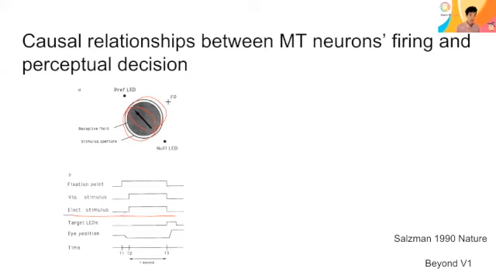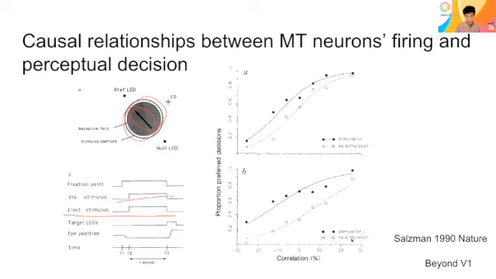And then during the visual stimulation of one particular direction, they combined it with this stimulation. What happens? The prediction is that if the motion percept is elicited by the activity of this brain area, then mimicking the activity of that area should also change the percept. And that's exactly what they found.